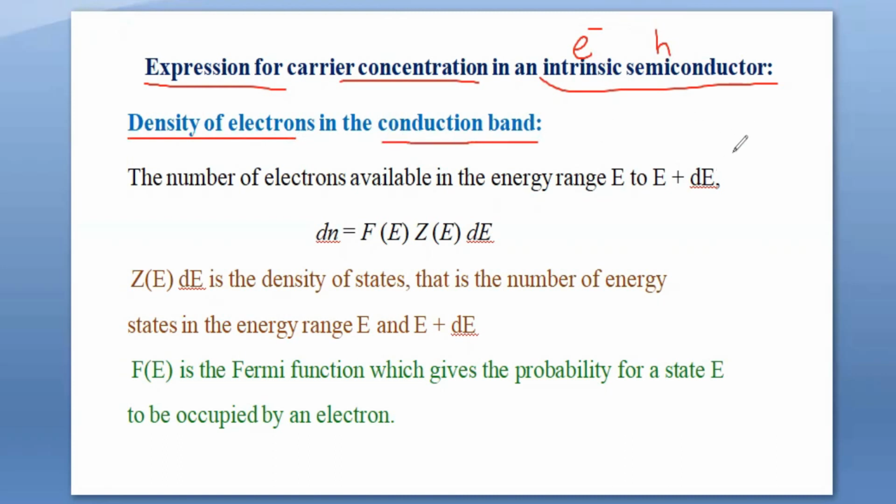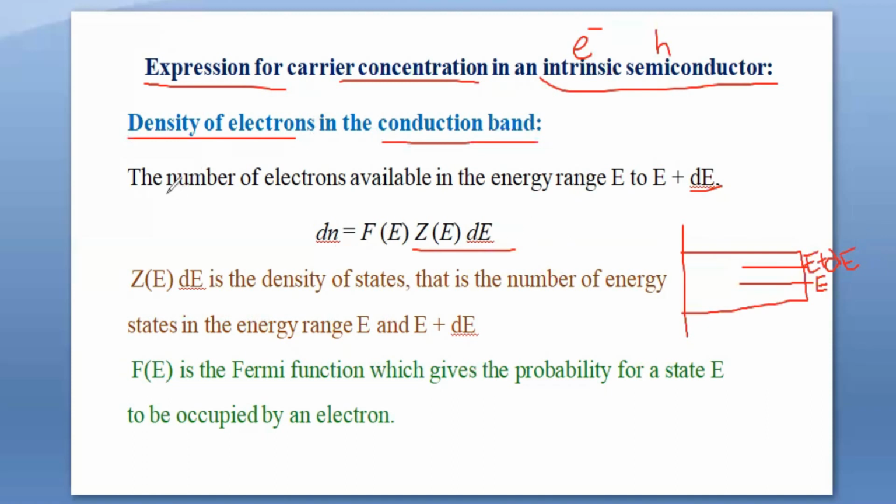In the conduction band, let us take some small energy range dE, that is from E to E plus dE. Suppose this is the conduction band, I am taking a small energy range. Let this be E and this be E plus dE. In this small range, let Z of E dE be the number of states, the density of states, and F of E is the Fermi function.